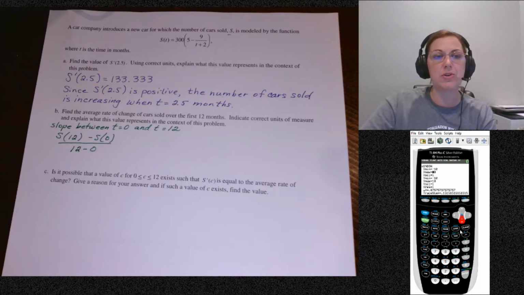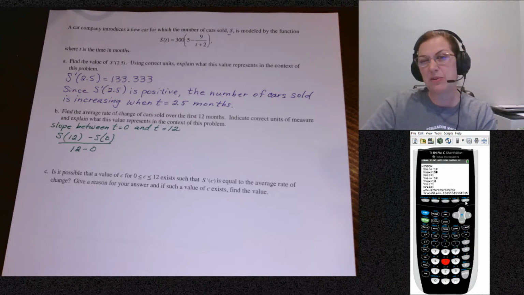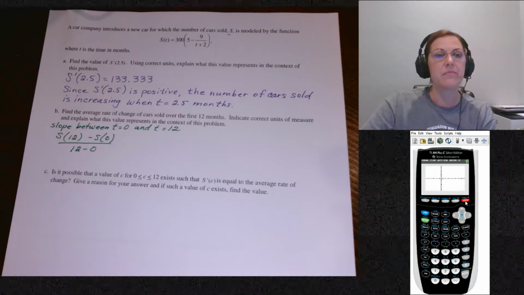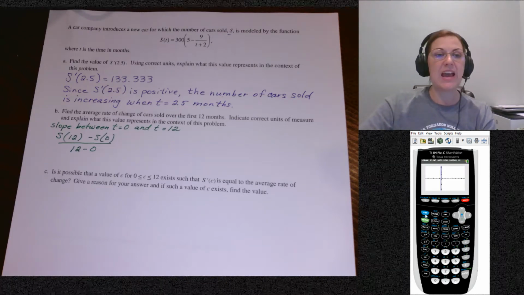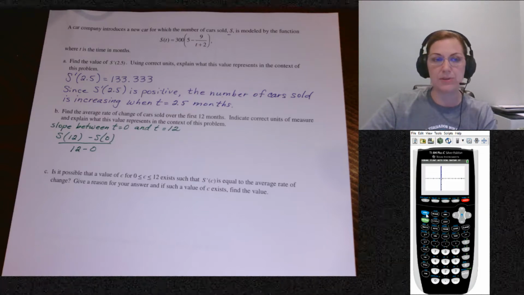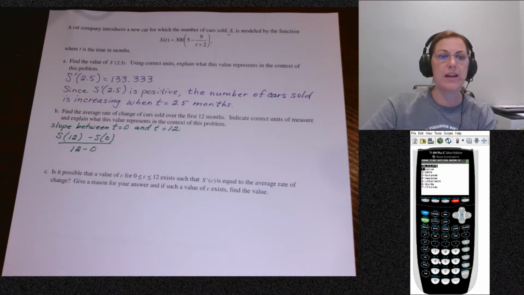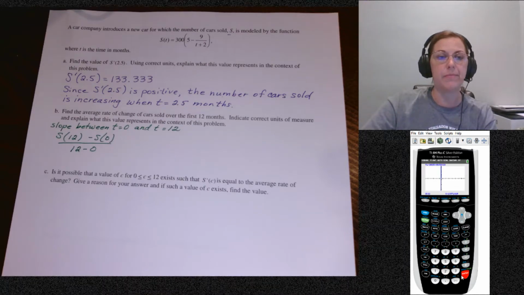I'm going to make sure that x equaling 12 is definitely on this window. I'll even go to 15. Give it a second to graph. And then we'll use the second trace value option. Second trace number 1. And I'm going to put in 12 there.